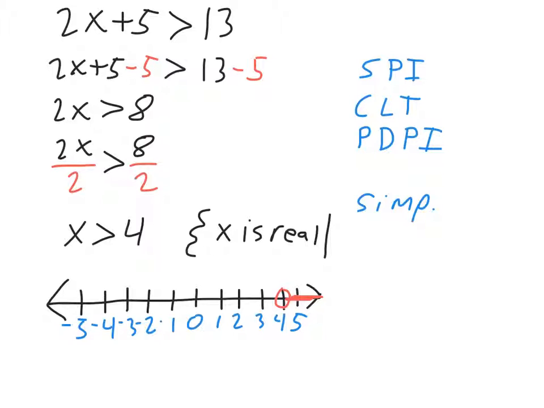And then we draw a little line, and then we say x is greater than 4. And then we end the brace. That's how you write it in set notation, just by saying x is a real number and x is greater than 4.